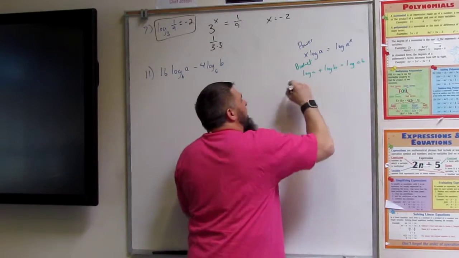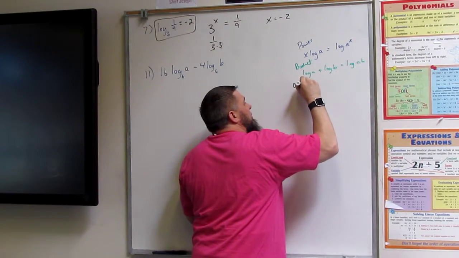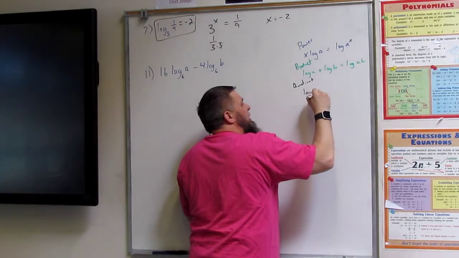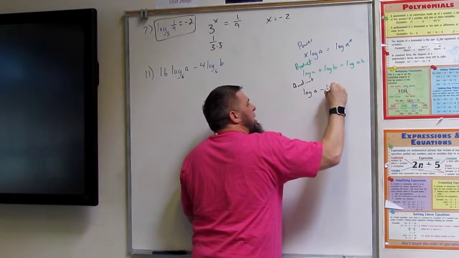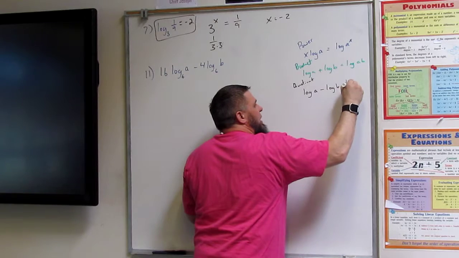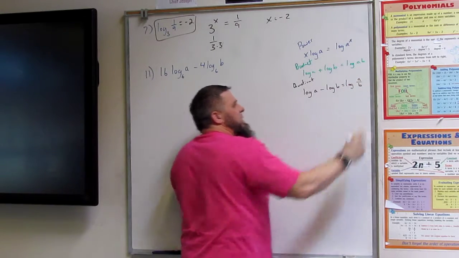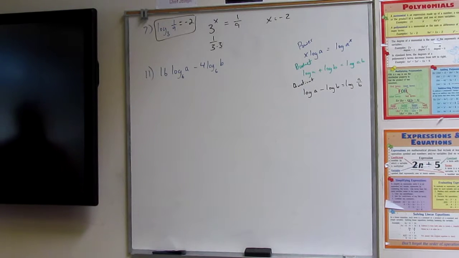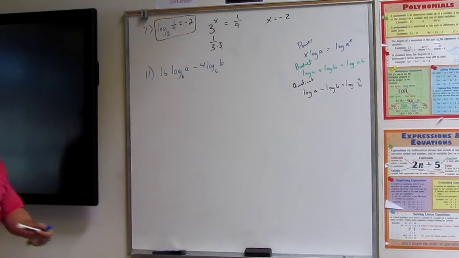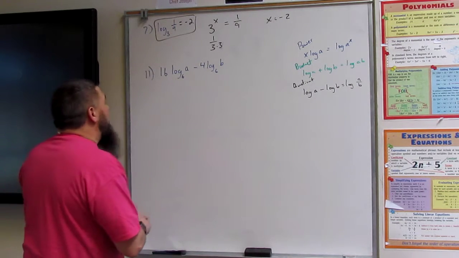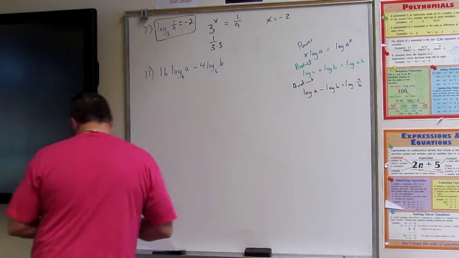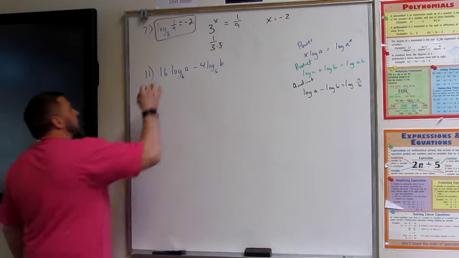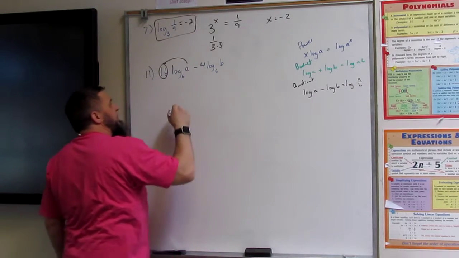Or you have the quotient rule. The quotient rule is the log of A minus the log of B equals the log of A divided by B. Okay, so we got some steps here. First step is the power rule. And instead of blue, I'm going to use black. I'll take this power and put it up top.